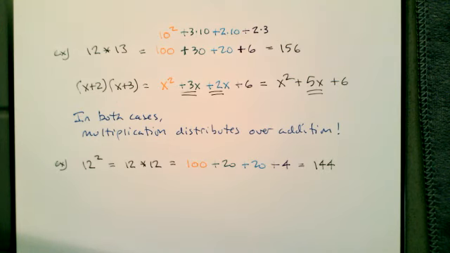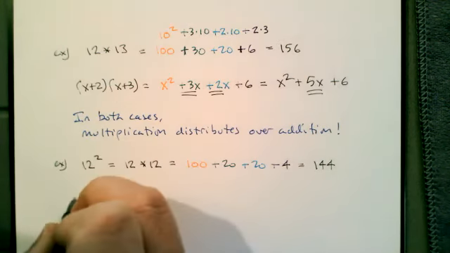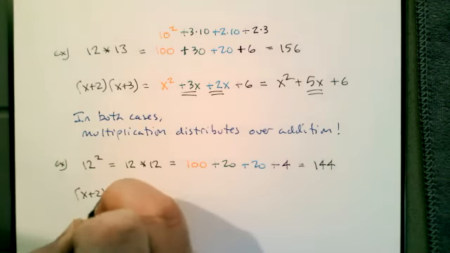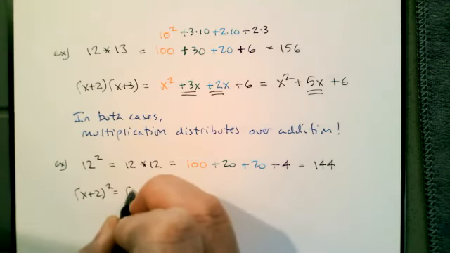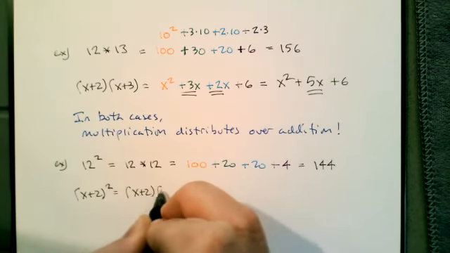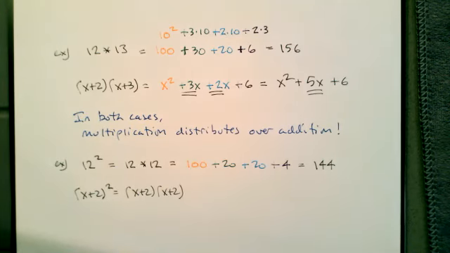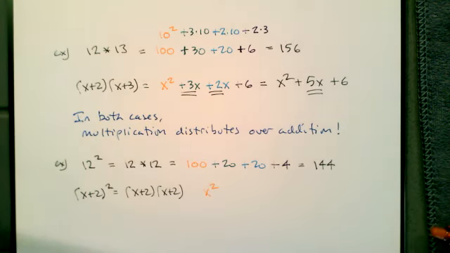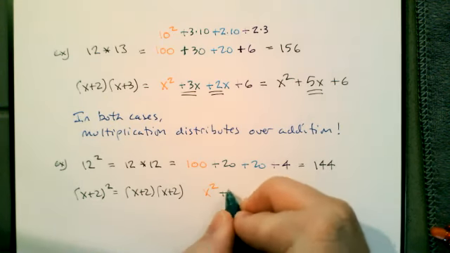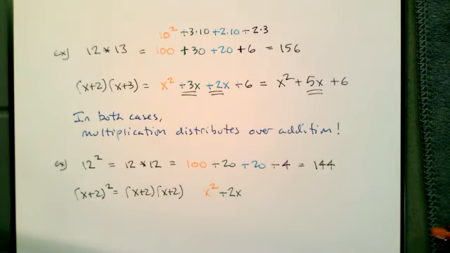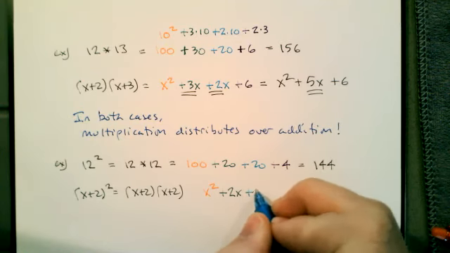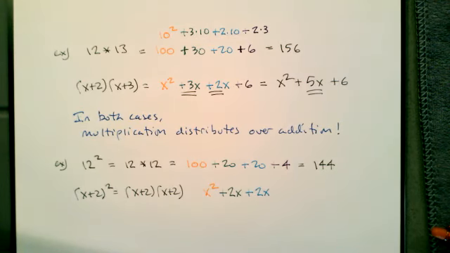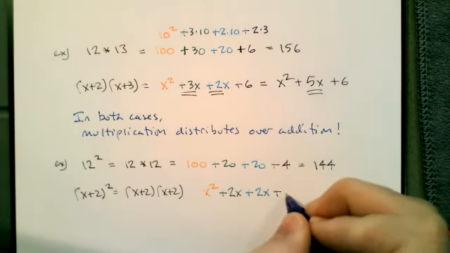If we're going to, say, replace the 12 like I did up here with an x plus 2, I just write 2 copies of x plus 2 and multiply them. Just like before, multiplication distributes over addition. X times x is x squared. X times 2 is plus 2x. 2 times x is plus 2x. 2 times 2 is 4.